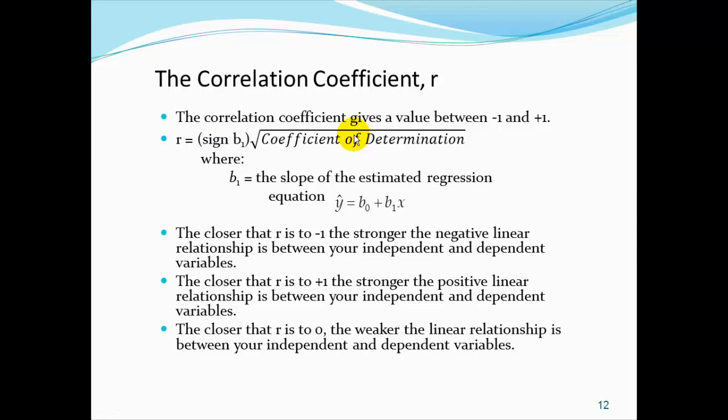The closer your correlation value is to 1 or -1, the stronger the relationship is between your independent and dependent variables. The closer this value is to 0, the weaker the linear relationship is between our variables.